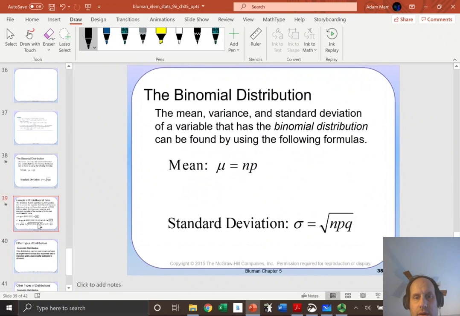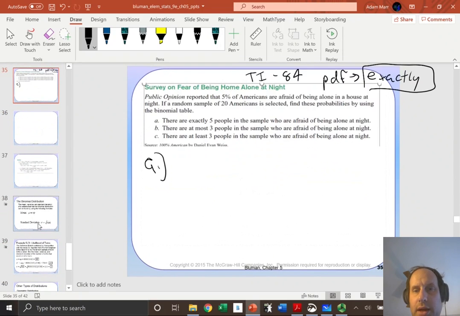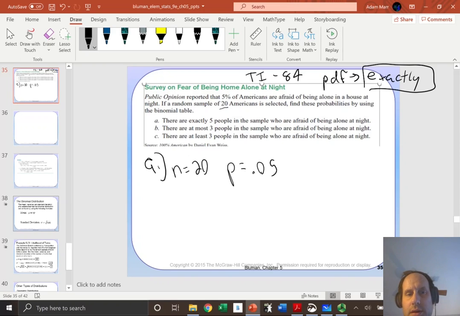Let's take a look. It looks like we have a total of 20 trials, so n equals 20. The probability of each is constant: it's 5% of Americans, so my probability of success is 0.05. All good there.